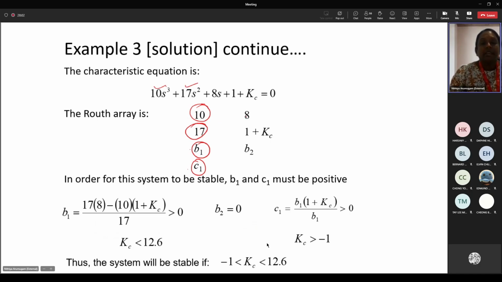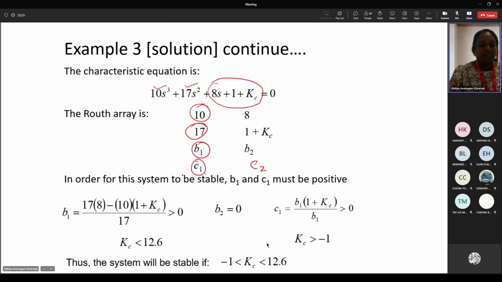Then the 8 and 1 plus Kc come from the following terms. We take the 8 from one term and 1 plus Kc from the next term. Here B1 will be B2, C1 will be C2. In order for this system to be stable, B1 and C1 must also be positive, because everything has to be in stable form.